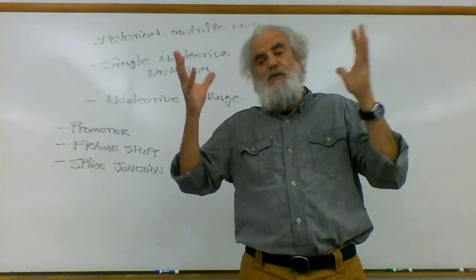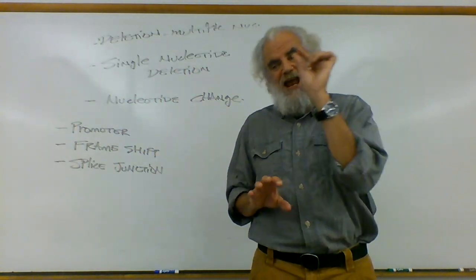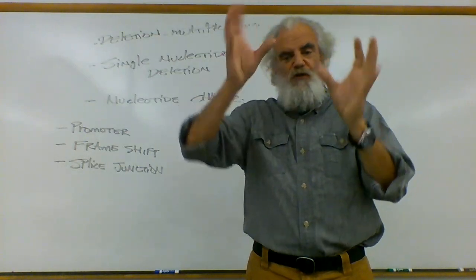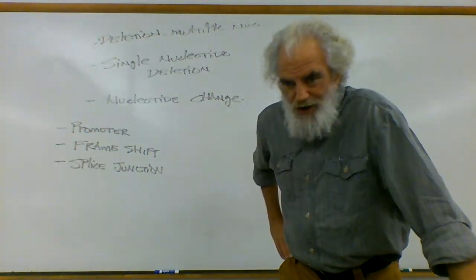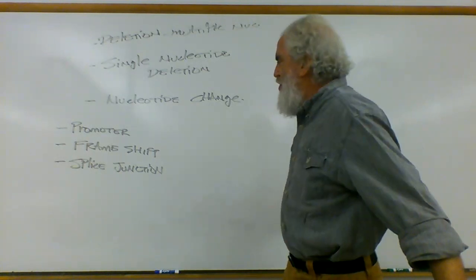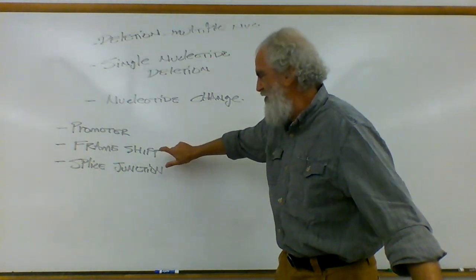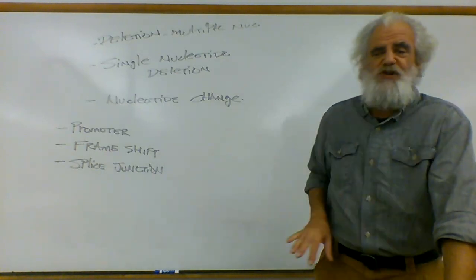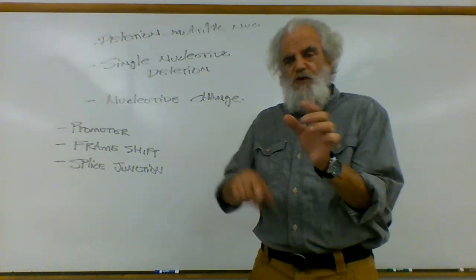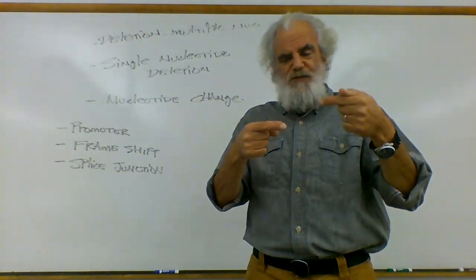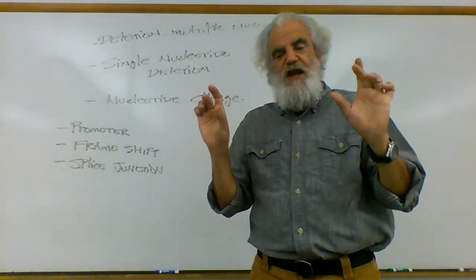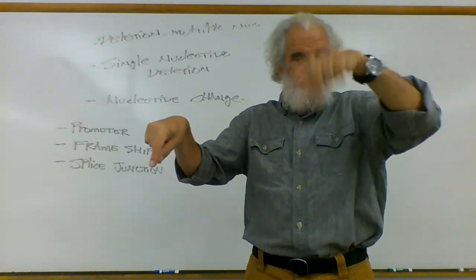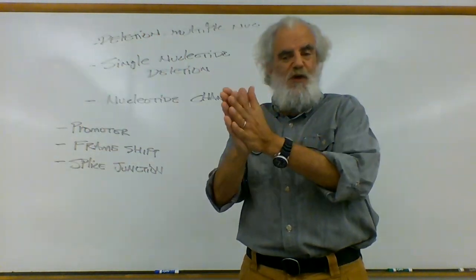But there can be mutations that will generate a different amino acid that results in a different kind of protein shape. By and large, when you're looking at lethal mutations, you're probably looking at some kind of either a frame shift mutation or a splice junction mutation. When you have the exon intron splicing, there are invariant nucleotides on either side of the splice. You mutate one or both of them, and you don't get the splice.